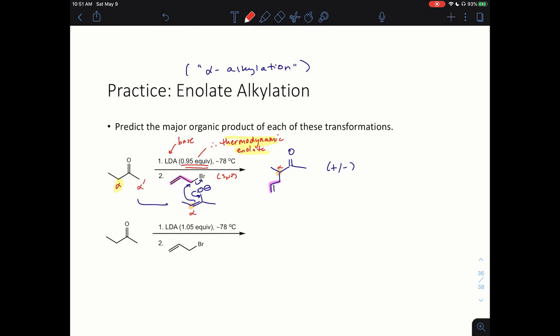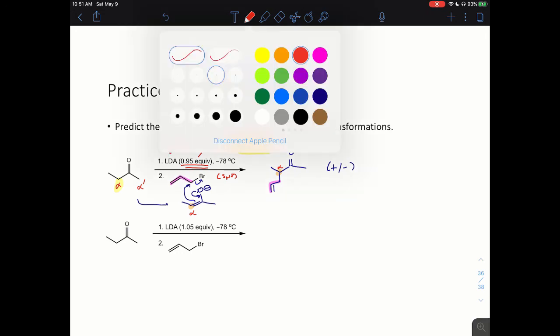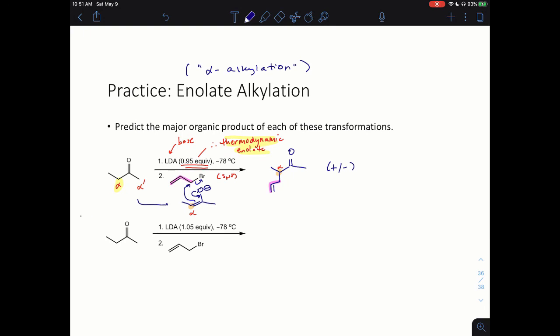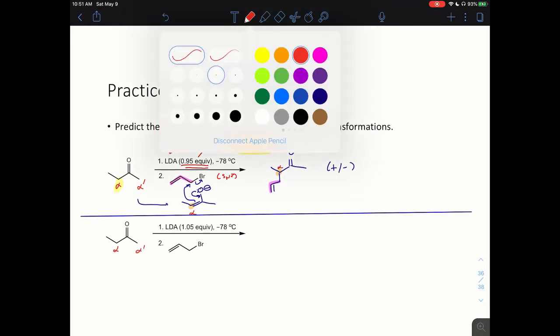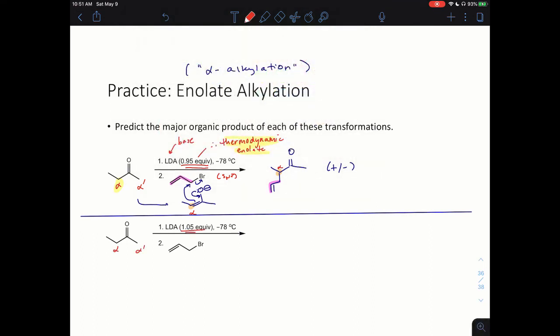All right. So in this second reaction, we have LDA again. So we know that we're making an enolate. And let's go ahead and look at our 2 alpha carbons. But this time it says that it's 1.05 equivalent. So this is just normal use of LDA to make the kinetic enolate, no confusion whatsoever.